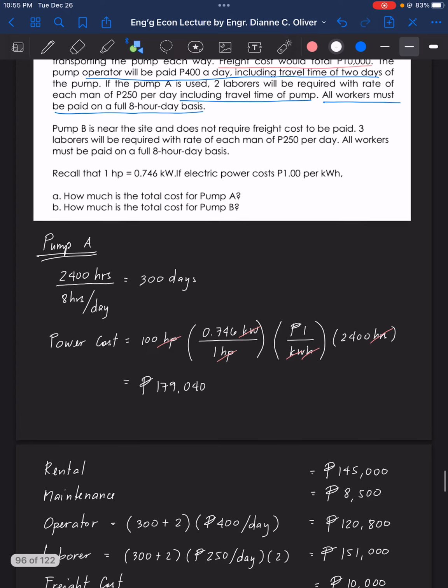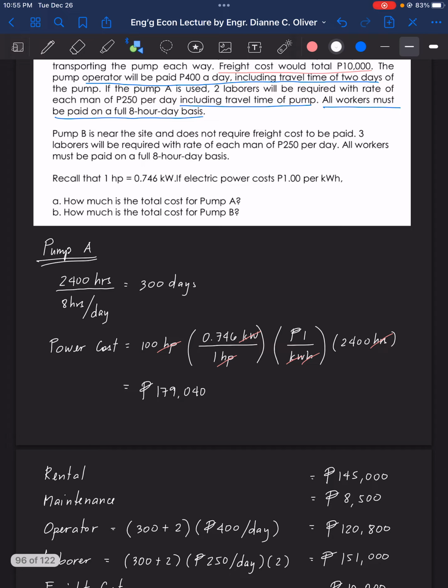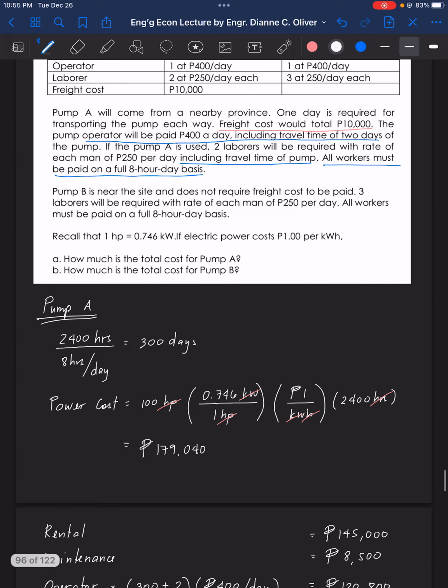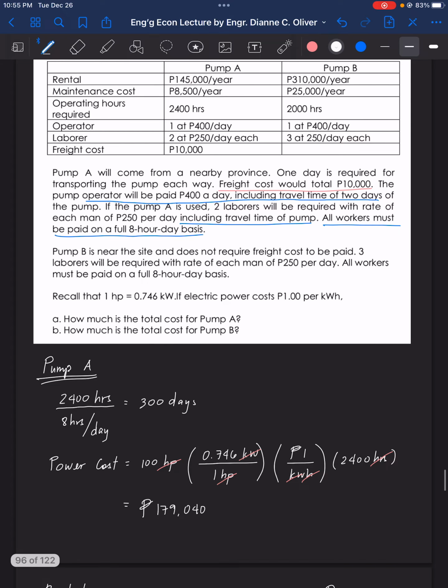Now how about for pump B? Total cost for pump B. So we need to solve here the number of hours or number of days required in using pump B. So pump B, the required number of hours here is 2,000 hours.